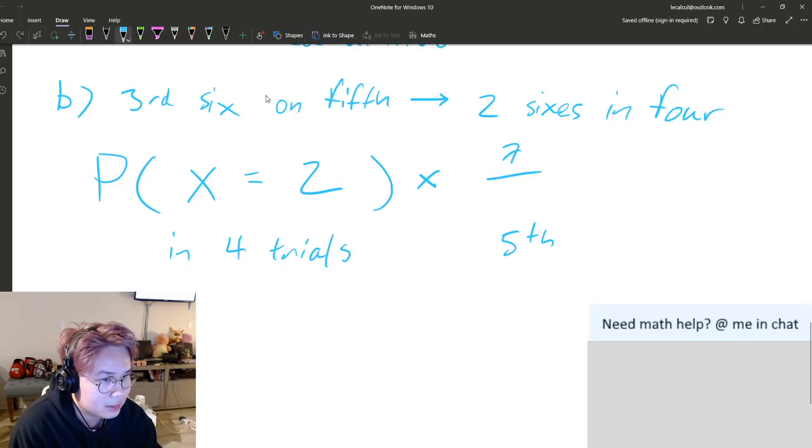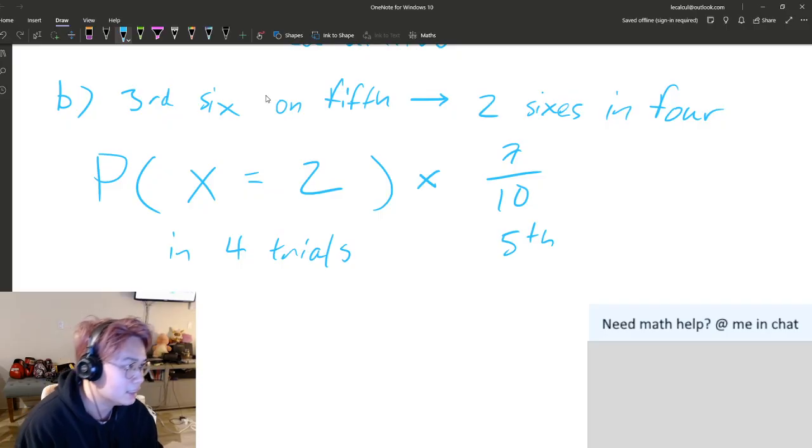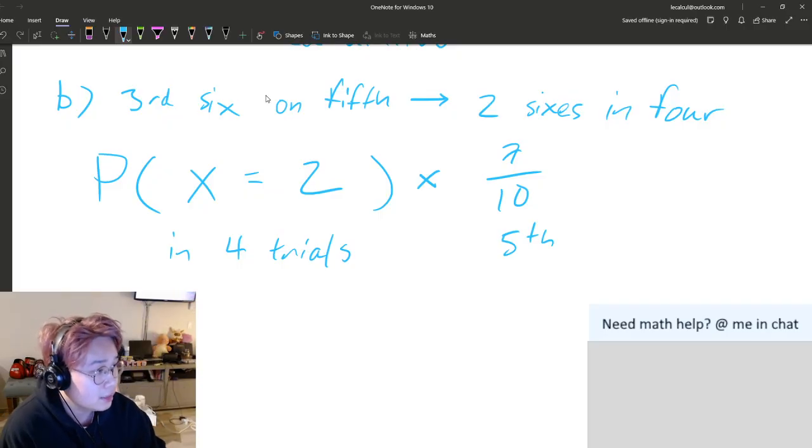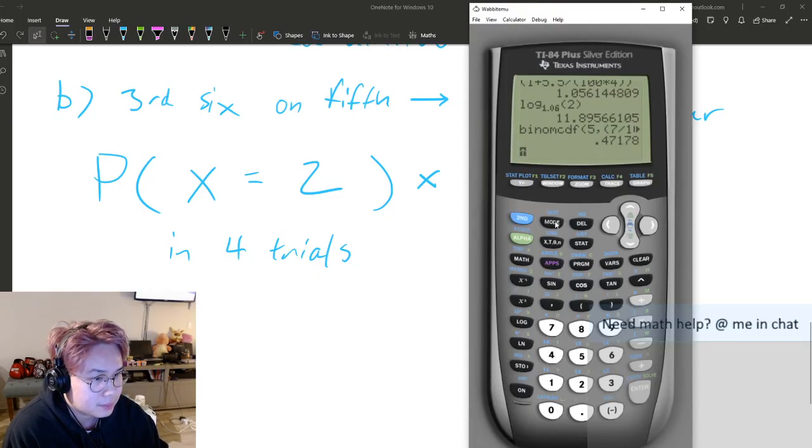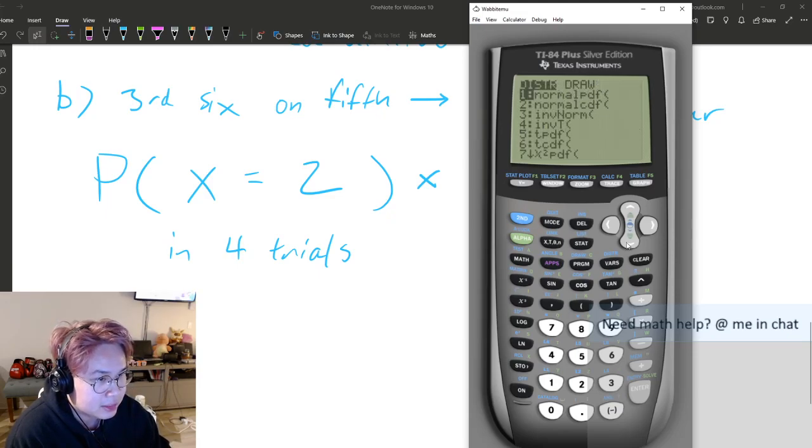And luckily enough, we do know what the probability of getting a 6 is. So 7 out of 10. And we can just put this in a calculator again. So this time I am trying to find a singular probability for a singular count of sixes, like 2 of them. I'm not adding up different instances of different results. So what I can do is use just regular binomial PDF, which is the probability for one instance of whatever you're interested in.